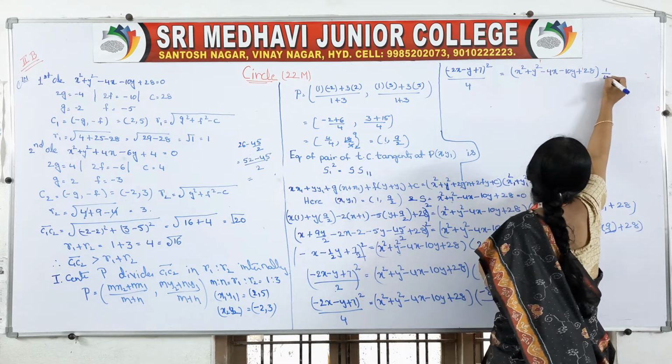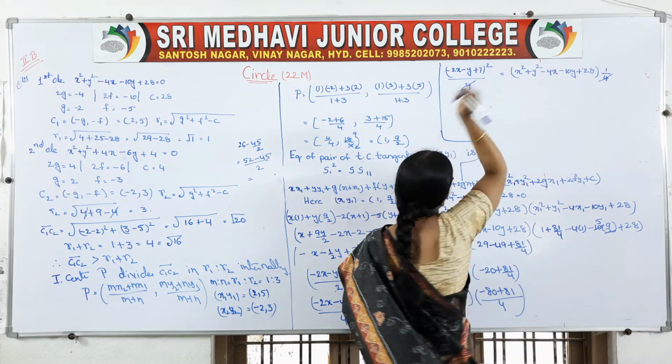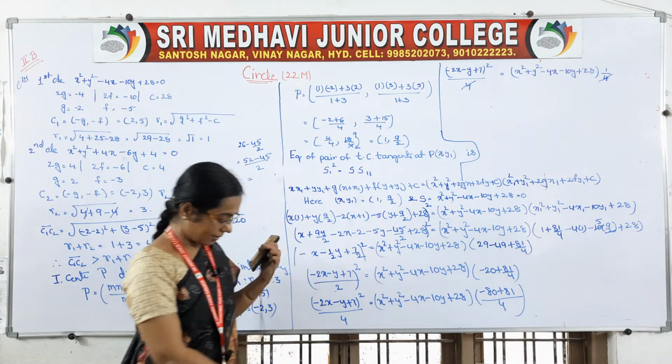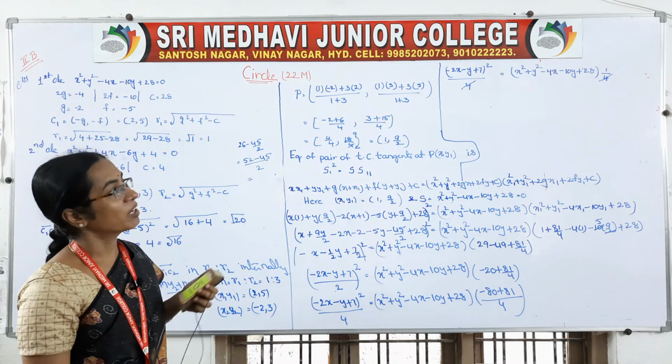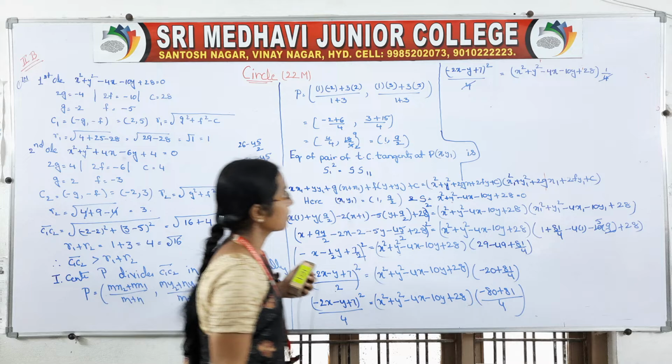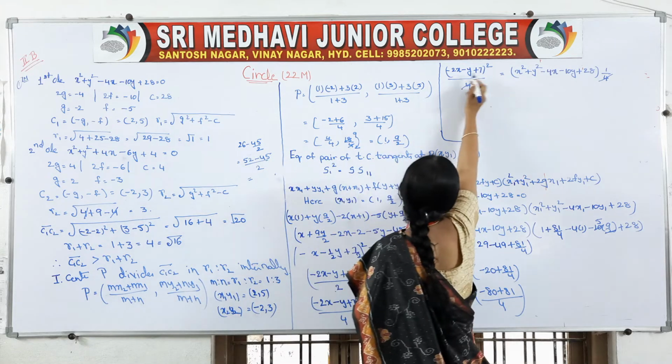So 1 by 4, this side 4 will get cancelled. Now expand that one and try to write your 2 equations. So come on, how will we write?